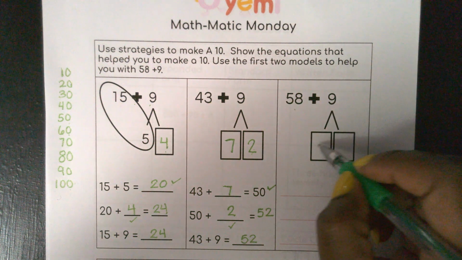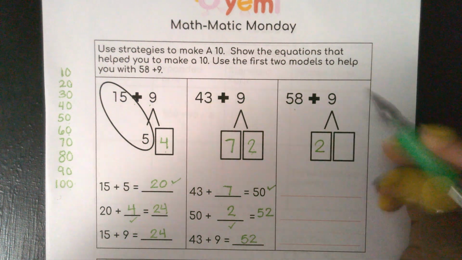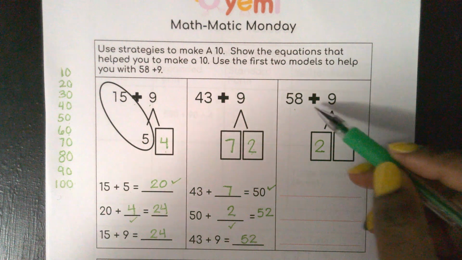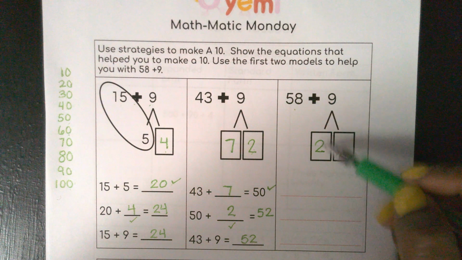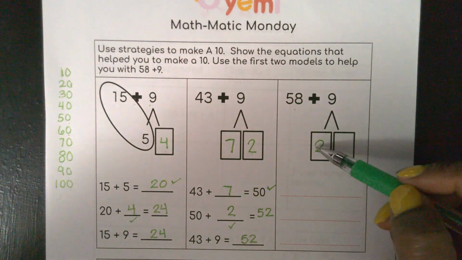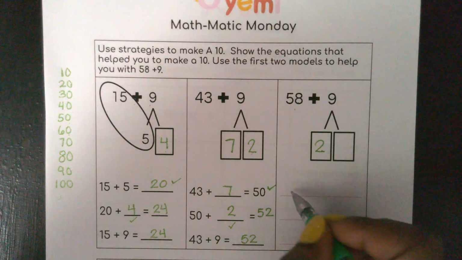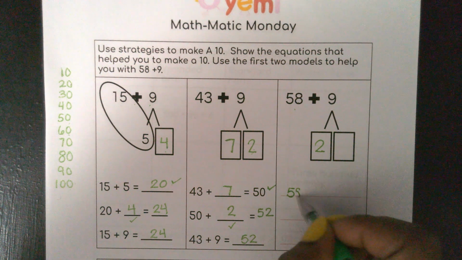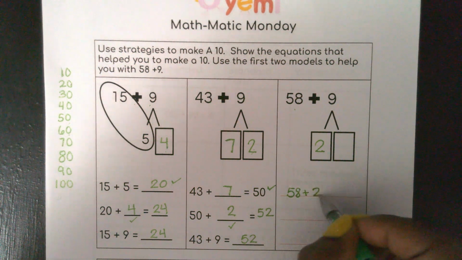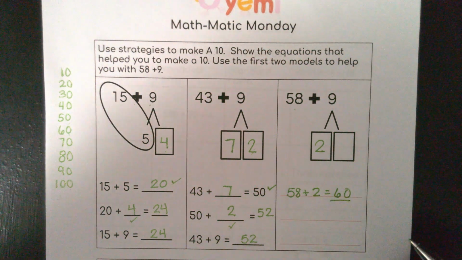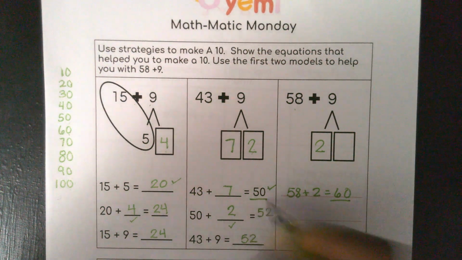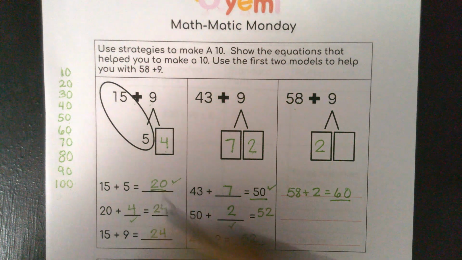I just need 2 more. Because 2 plus 8 is 10. And 50 and a 10 would equal 60. So I'm going to put that on my first line. 58 plus 2 equals 60. There's my 10, just like I had a 10 here and I had a 10 here.